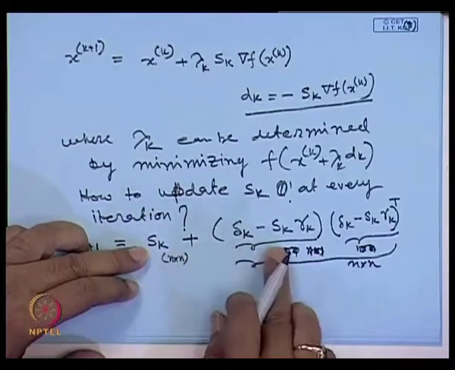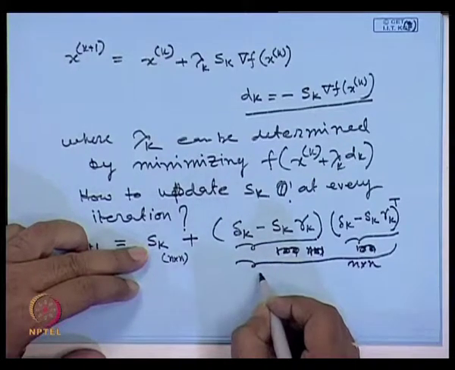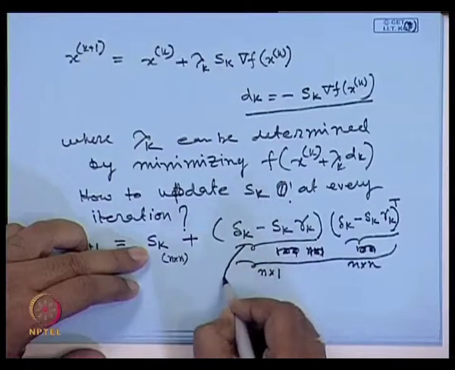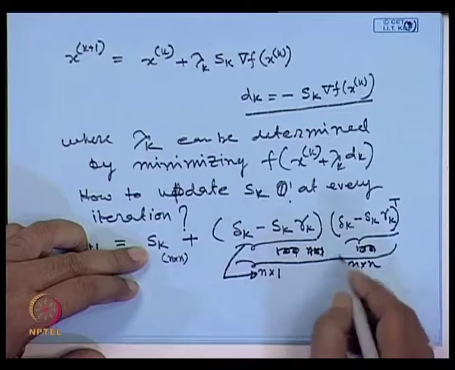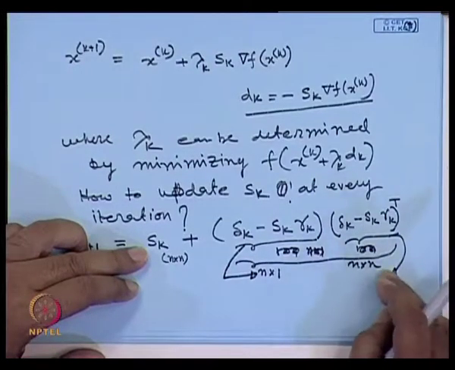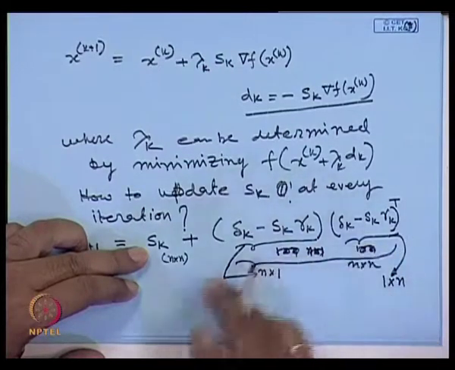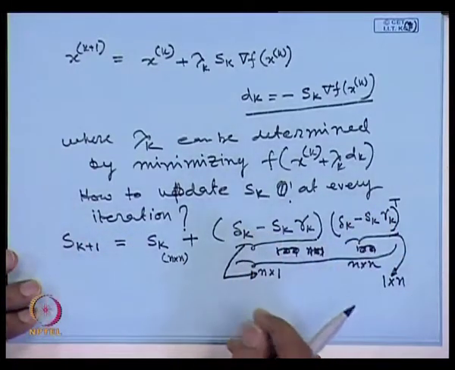So this should be n rows, 1 column, and this one 1 row, n column. Agree? So I was correct earlier.